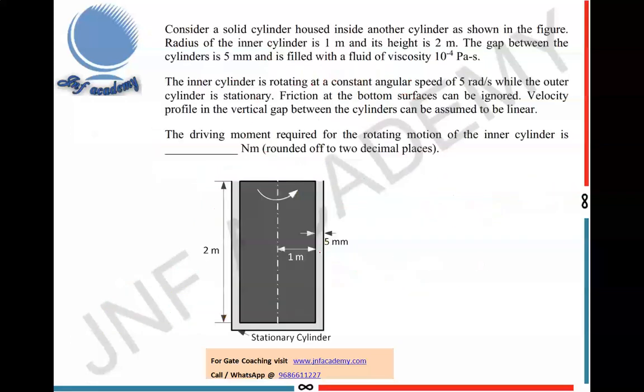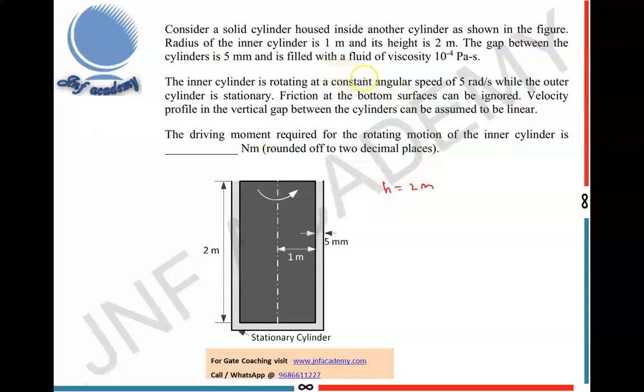Okay. Yes. So let's solve this problem now. This is a typical fluid mechanics problem. So let's first draft out all the given information of this question. So the height h is given to be 2 meter, which is clearly given.